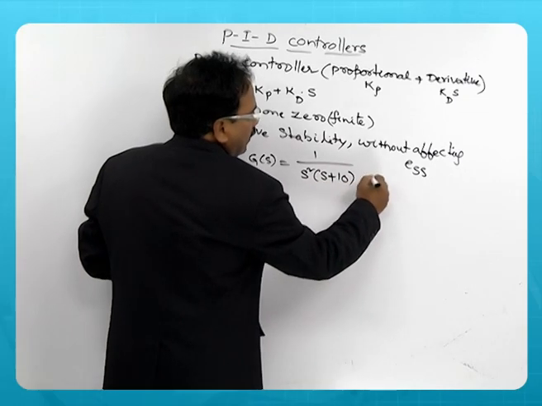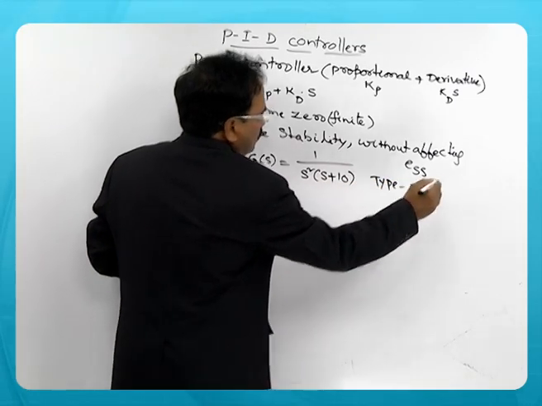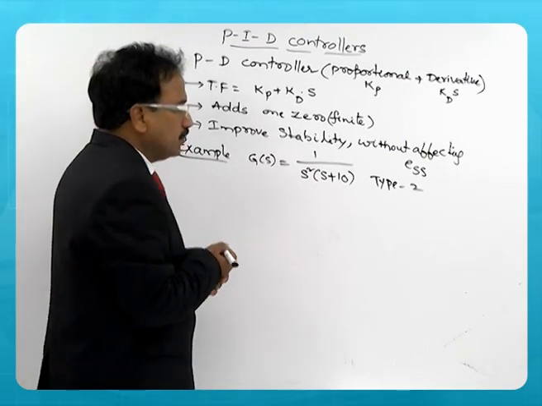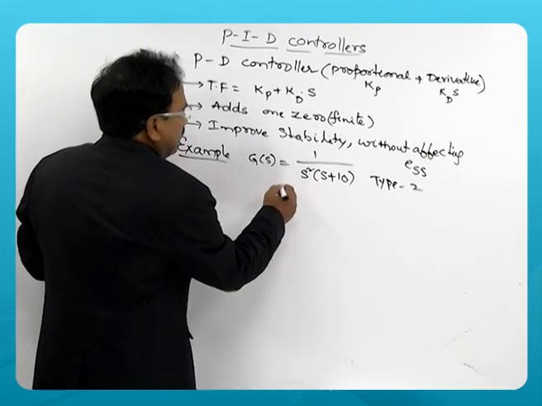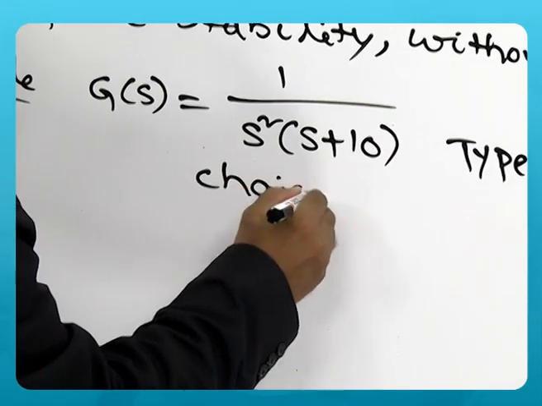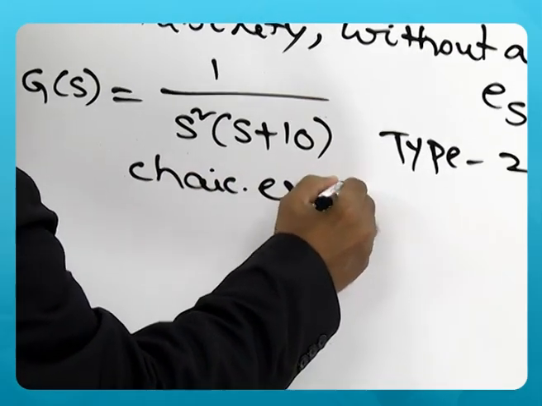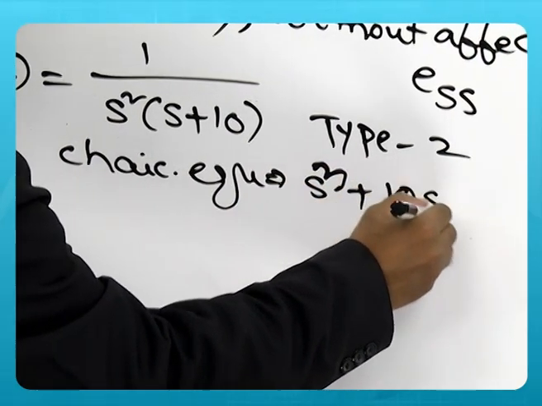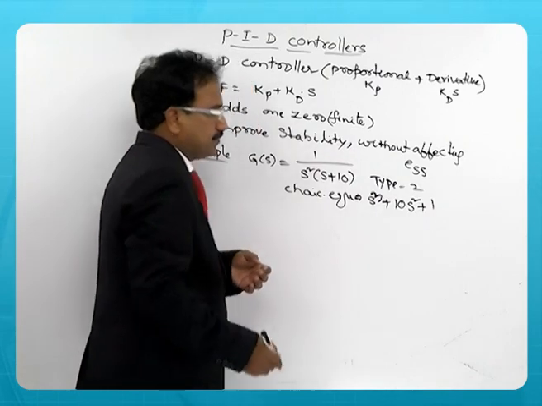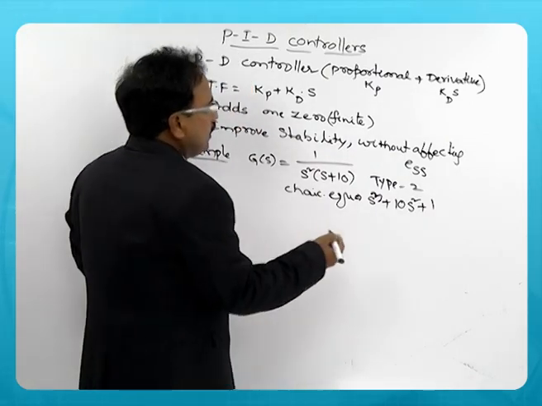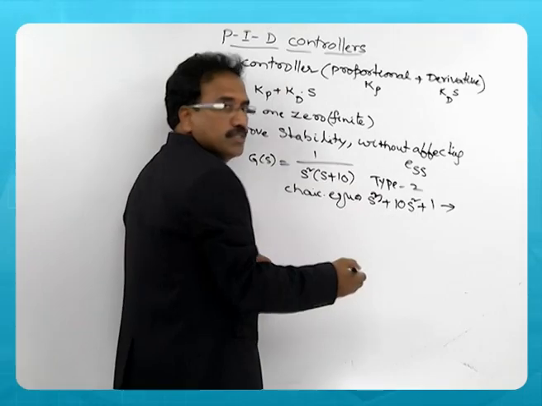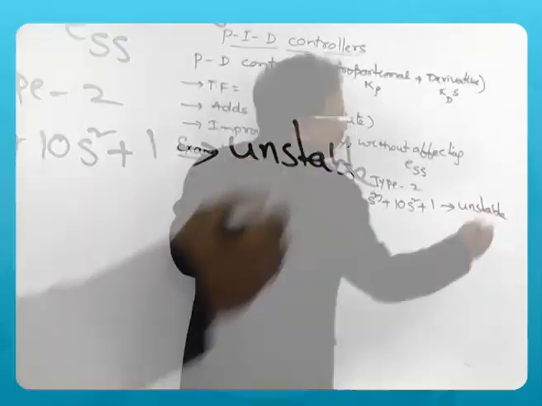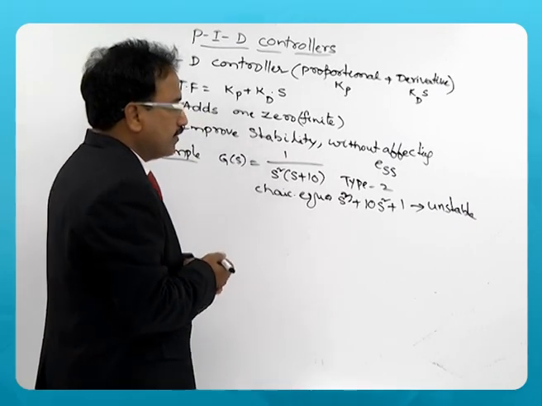As it is, the type of the system is 2, because the number of poles at origin is equal to 2, and the characteristic equation is s cube plus 10s square plus 1. So originally the term s is missing here. We say it is an unstable system, the necessary condition is not satisfied.